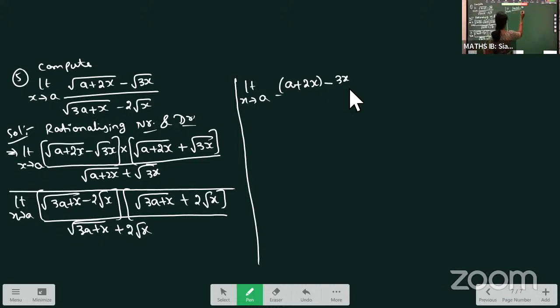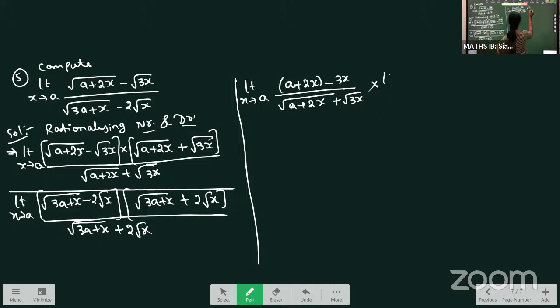The denominator term is as it is, √(a + 2x) + √(3x), into... first, second, third, fourth. The fourth denominator goes to the numerator.